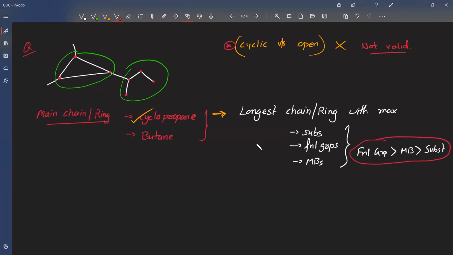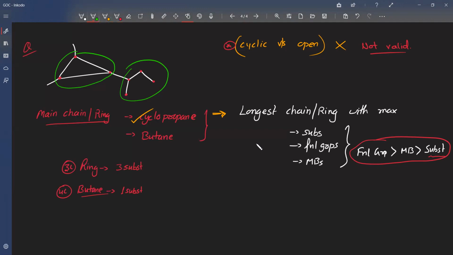So you can see here, there are no functional groups, there are no multiple bonds. So what is left? Only substituents in this case. If I take the ring, I have 3 substituents. If I take the butane, although it has more carbon atoms, the ring has 3 carbons, and butane is 4 carbons, yes, but it has only 1 substituent.